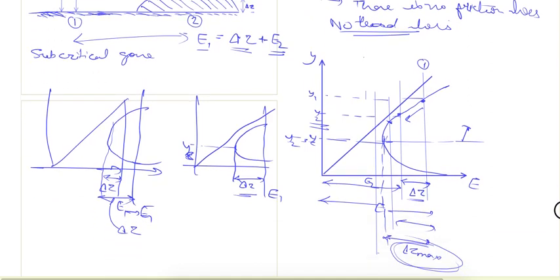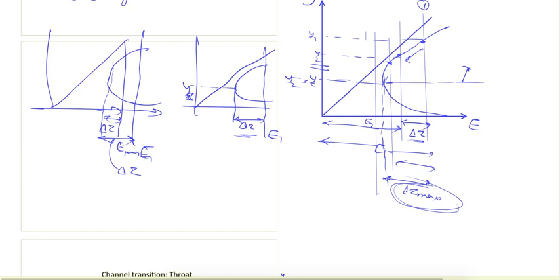So to summarize what we saw, as we increase the height of the hump, the depth at section 2 decreases, and as we keep on increasing, there will be a certain delta z max which corresponds to y2 equal to critical depth.